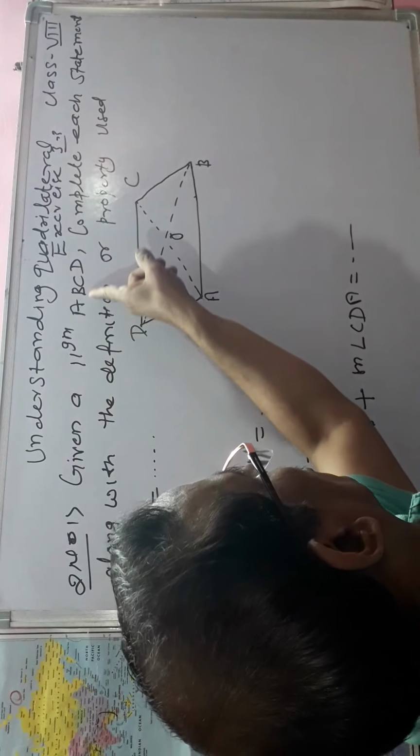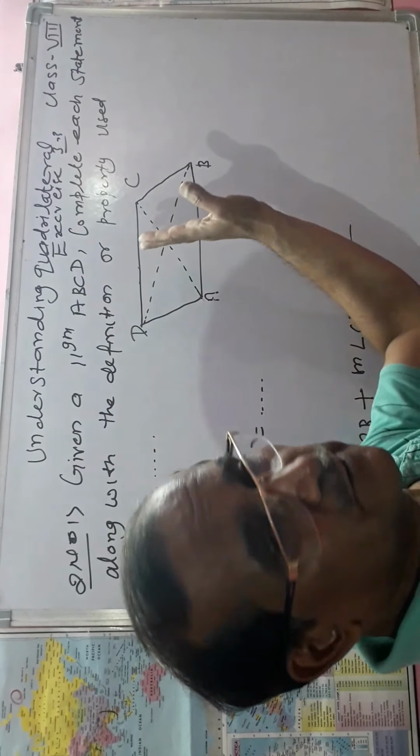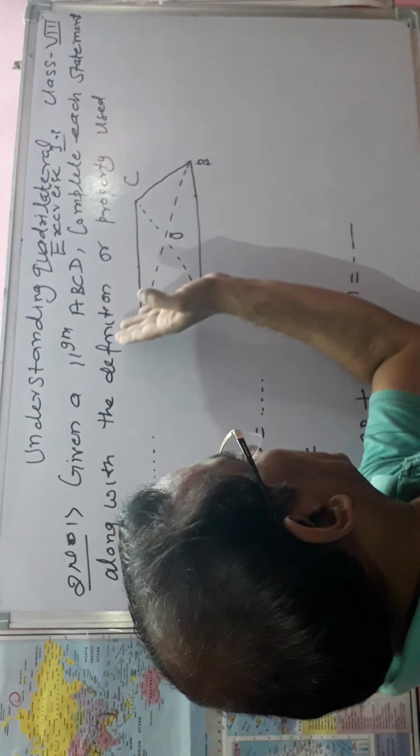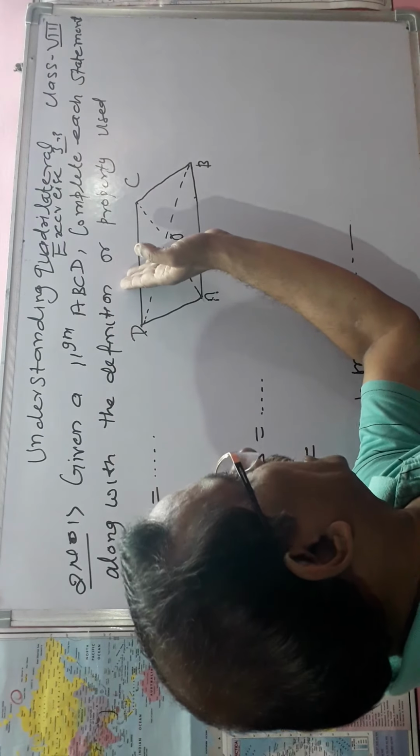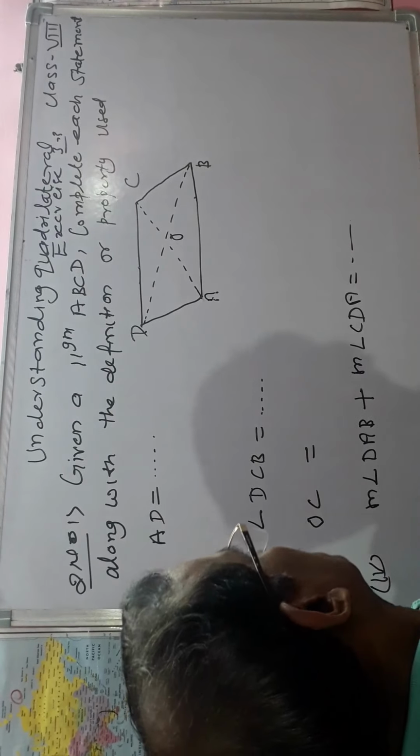Given a parallelogram ABCD, we are given a parallelogram. Complete each statement along with the definition. We have to fill in each statement according to the definition and property, using the property to complete it.